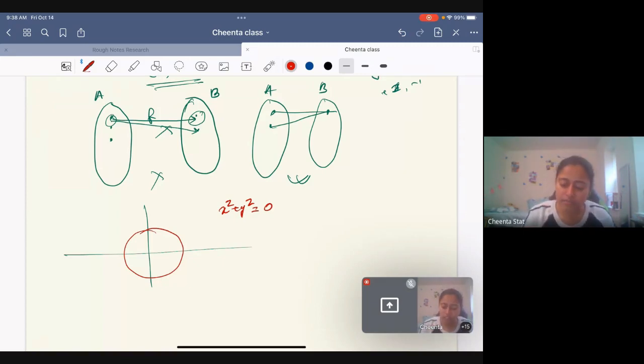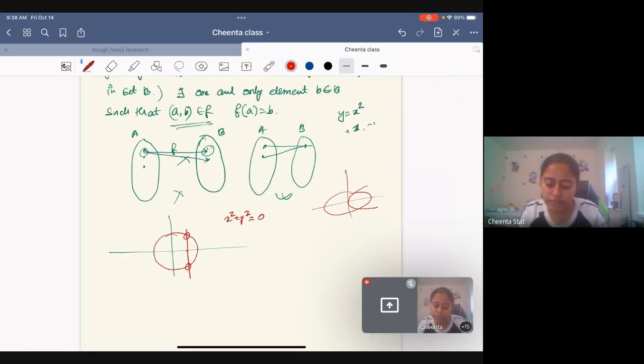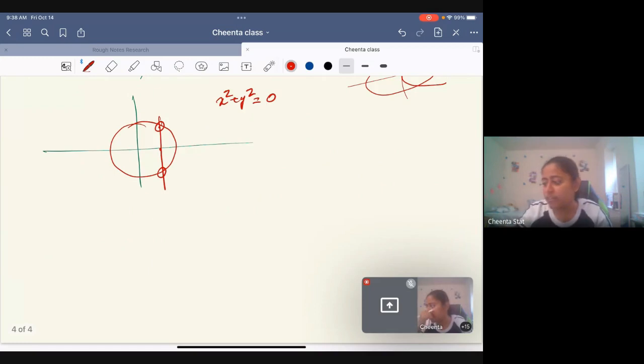Because for one value of x, we can get two y's. So this is not a function. And the same thing goes for parabola as well, ellipse as well. So you need to be careful. These are not functions. Okay.